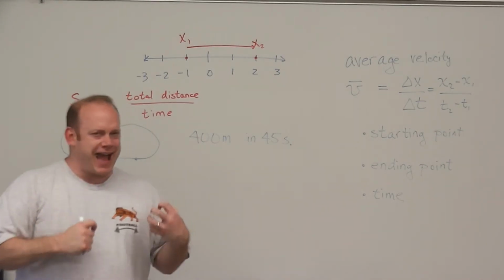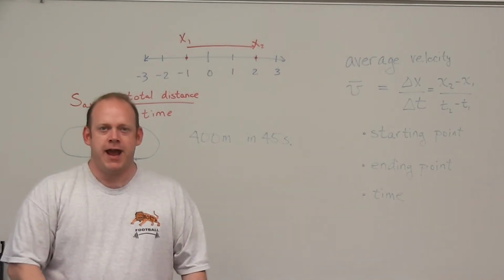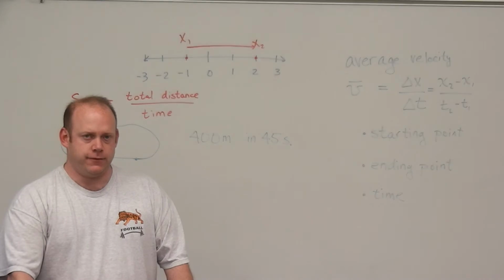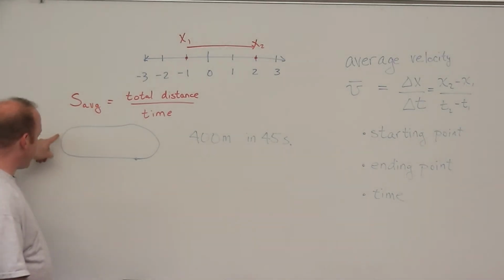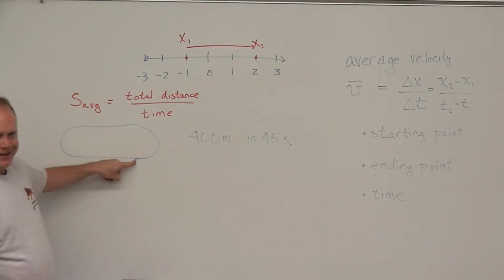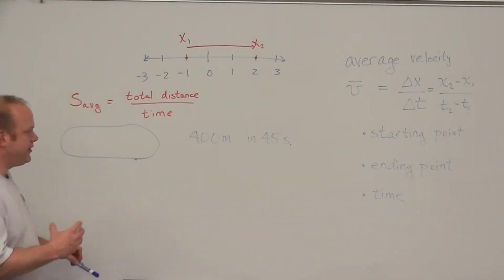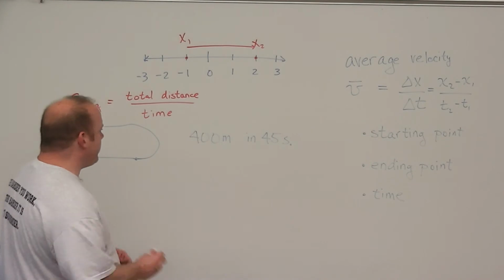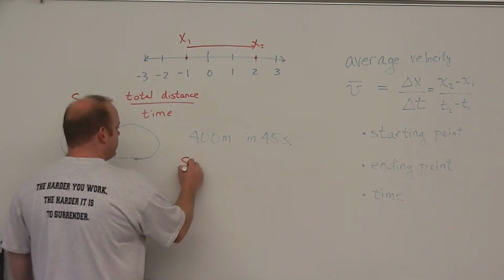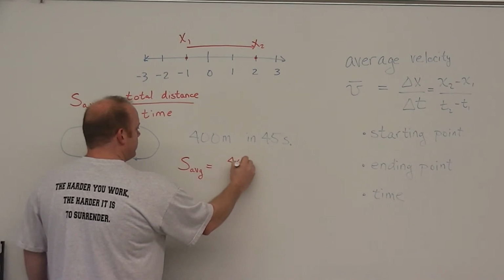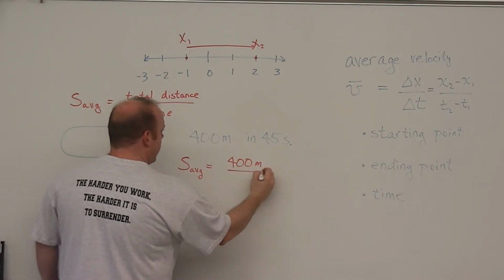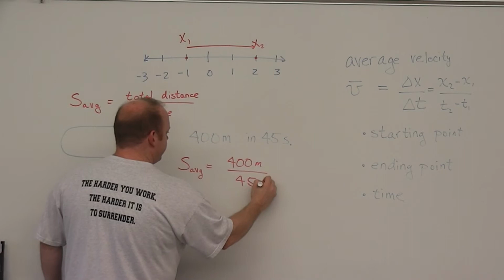We want to calculate the average speed and the average velocity for this case. Noting that you start here, you go around the track, and then you end at the same location. So let's see what happens. For average speed, the total distance traveled is equal to 400 meters divided by 45 seconds.